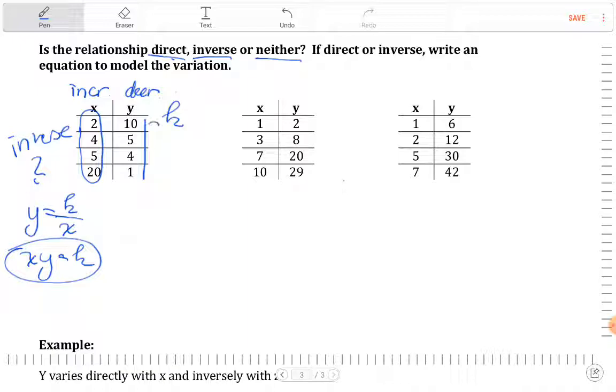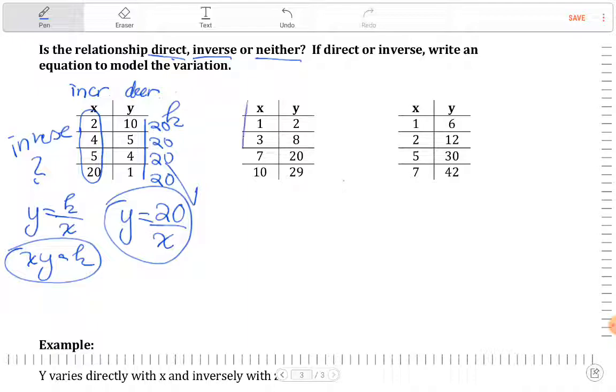So 10 times 2 is 20, 4 times 5 is 20, 5 times 4 is 20, and 1 times 20 is 20. So in this case, I've proven that my constant k is the same for all of them. I have x increasing, y decreasing, so I know this is an inverse variation, which I can now plug in to my formula. I already know what k is, and here's the model.